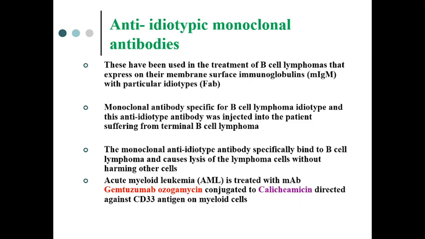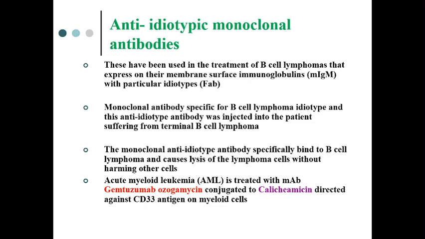And it is also observed that cells in acute myeloid leukemia express CD33 receptors in excess. For that, the treatment can be brought about by using a monoclonal antibody conjugated to a drug called calicheamicin. This monoclonal antibody is called gemtuzumab ozogamicin.